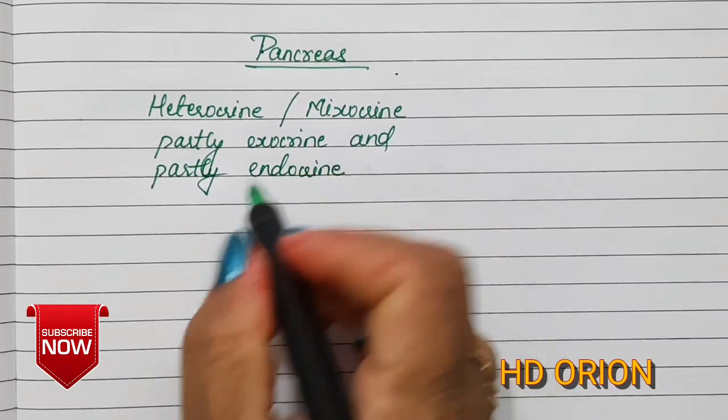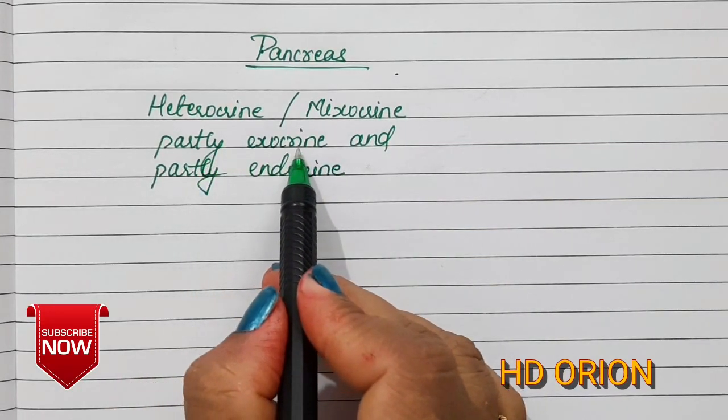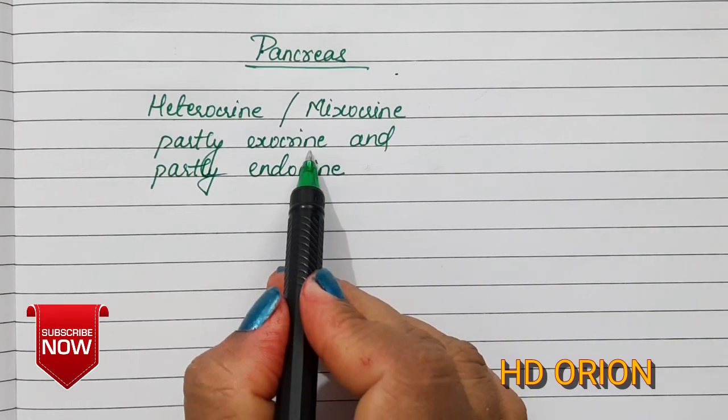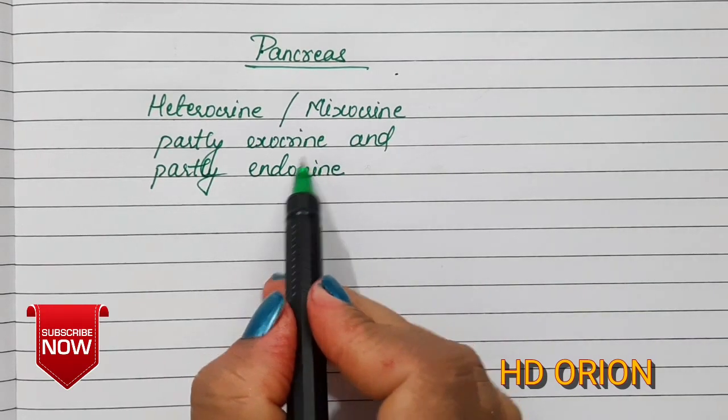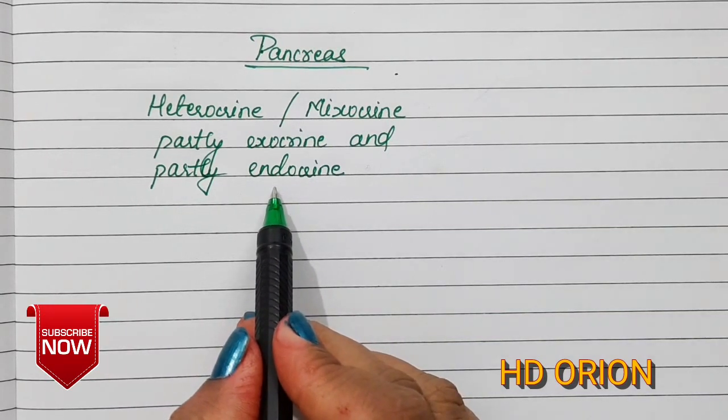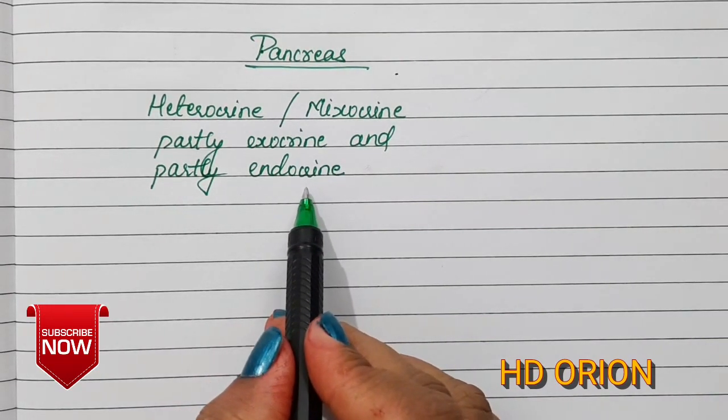This means half of its portion is exocrine in function. Exocrine in function means it has ducts for the secretion of its juices, and it is partly endocrine, which is made up of the ductless part, the ductless glands.